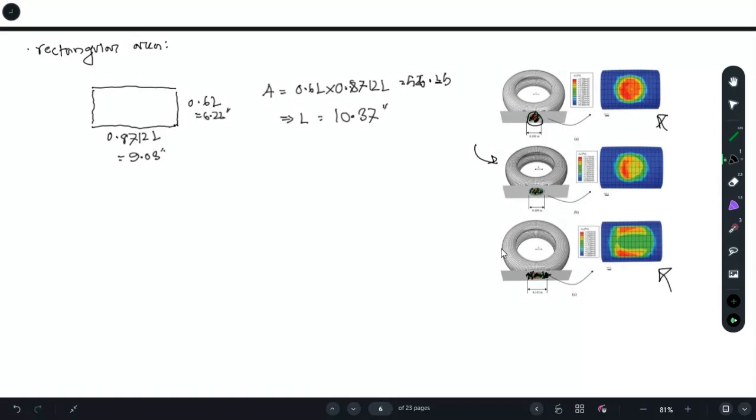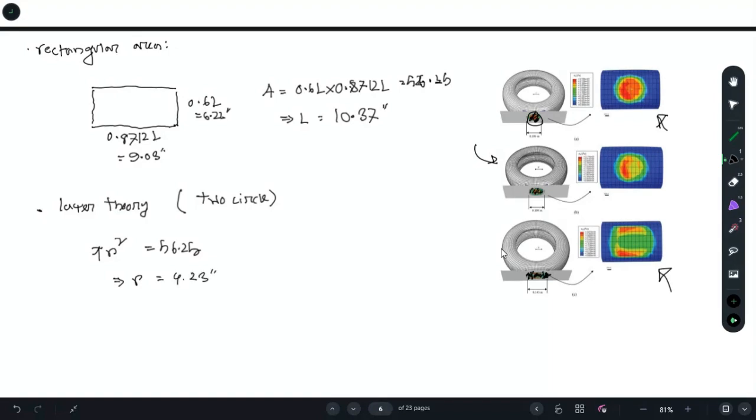We'll find out another shape, that is if we consider layered theory, where we consider two circles, and for that we have an area of pi r square, which is 56.25, and from there I can find out the value of r as 4.23 inch.